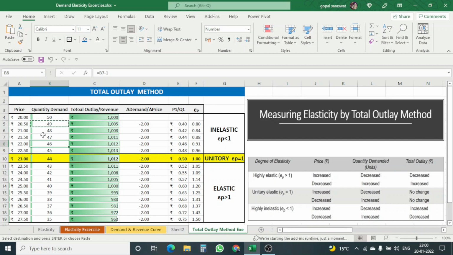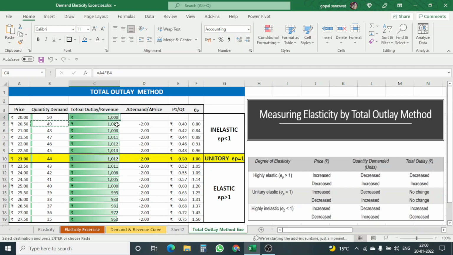Now let's see what happened to the total revenue. As this chart shows, proposed by Marshall, in the highly elastic case, when you increase price, quantity demand decreases. That is true in our case also. Total outlay decreases.